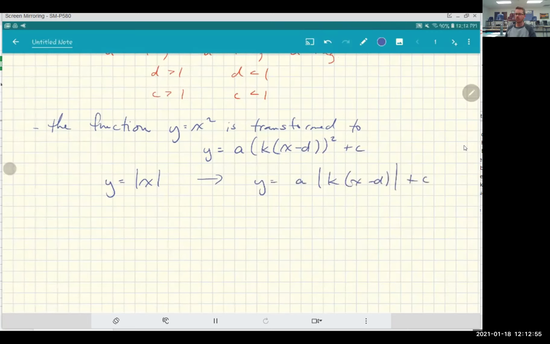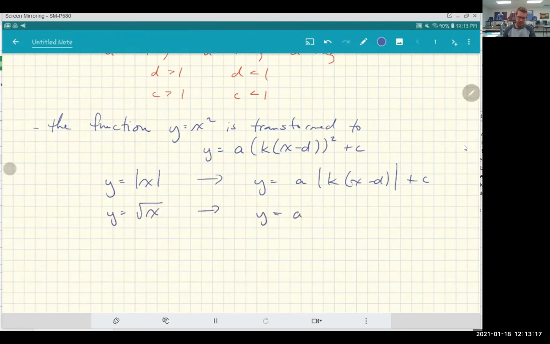You'll notice that the pattern looks very, very similar. All of these values, the a, the k, the d, and the c, get plunked into the equation in basically the exact same place as they would if it was a quadratic function. We looked at the radical root function, which is transformed to y equals a square root of k x minus d plus c.